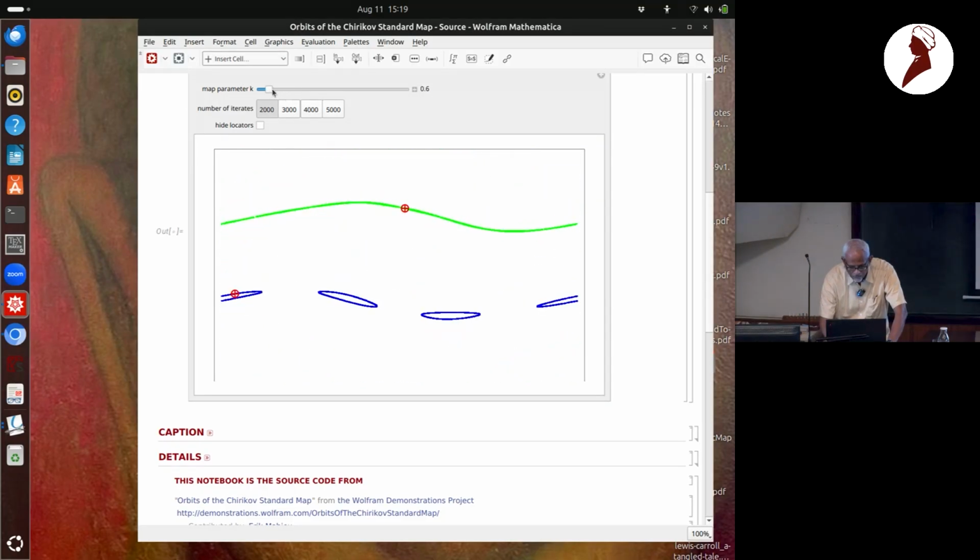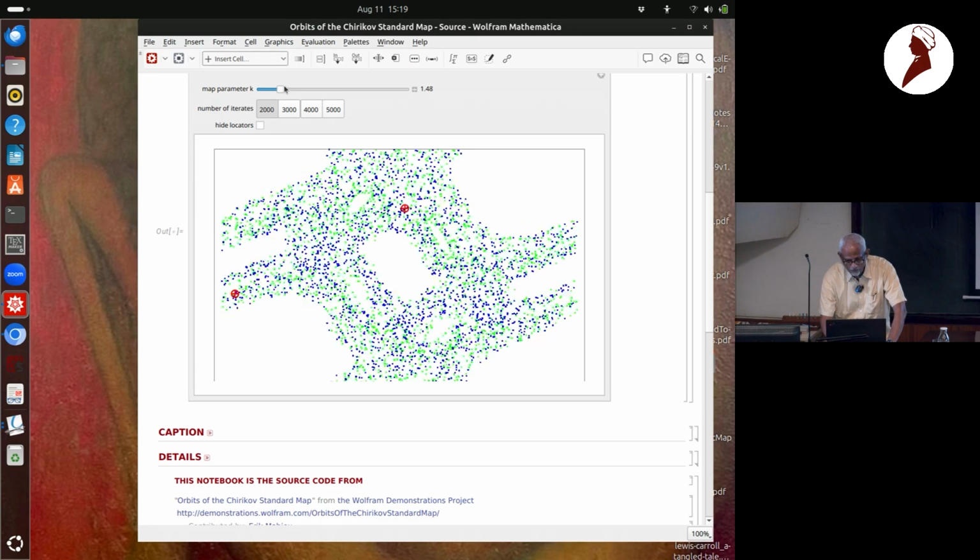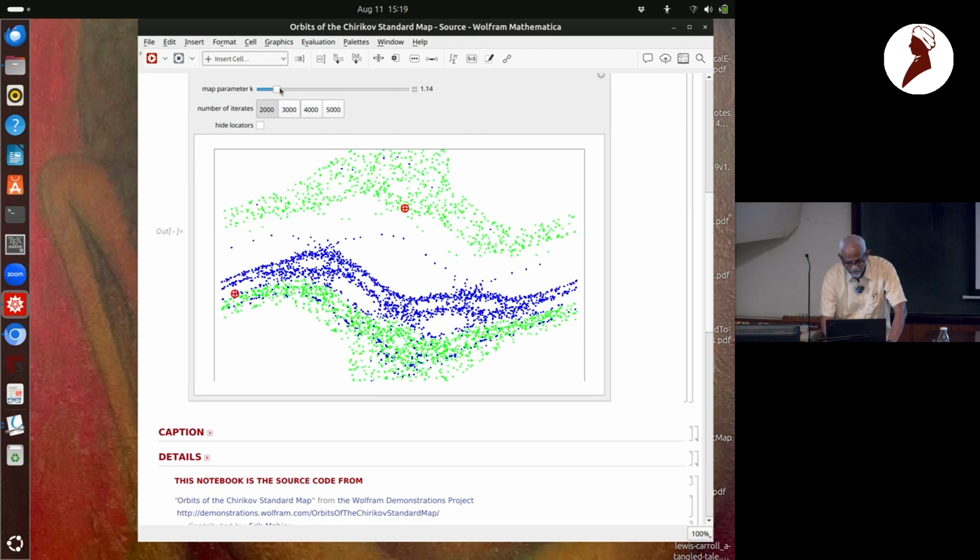So right now there are only 2 initial conditions. Okay, so let's remain with 2 initial conditions.